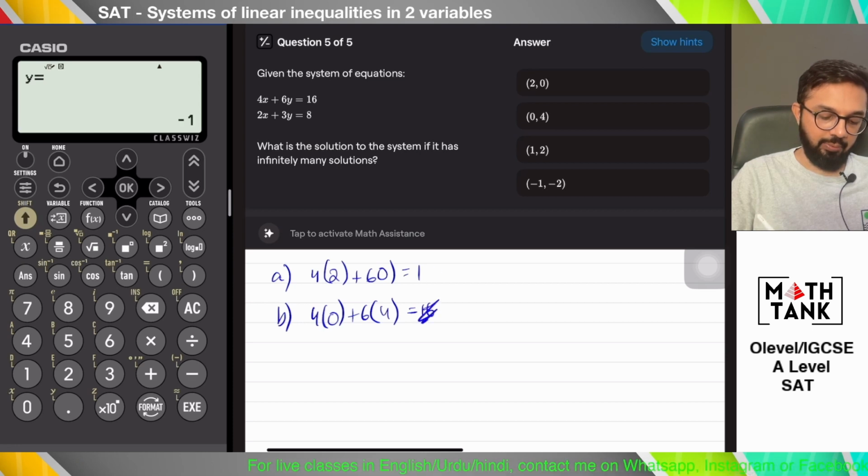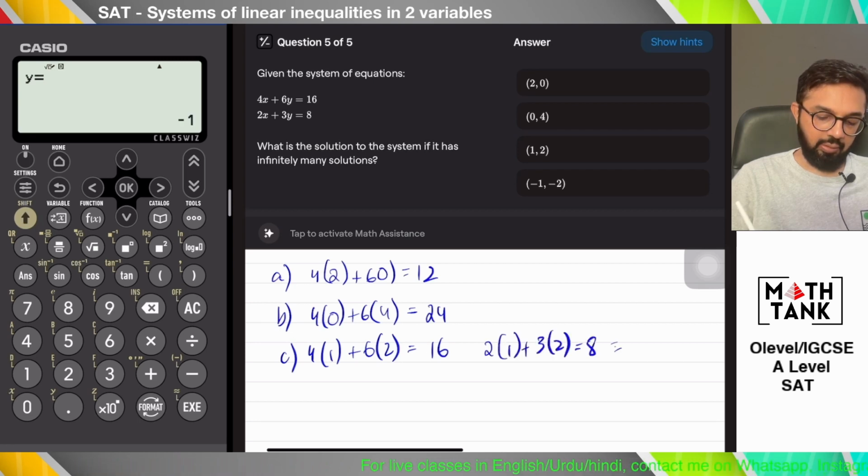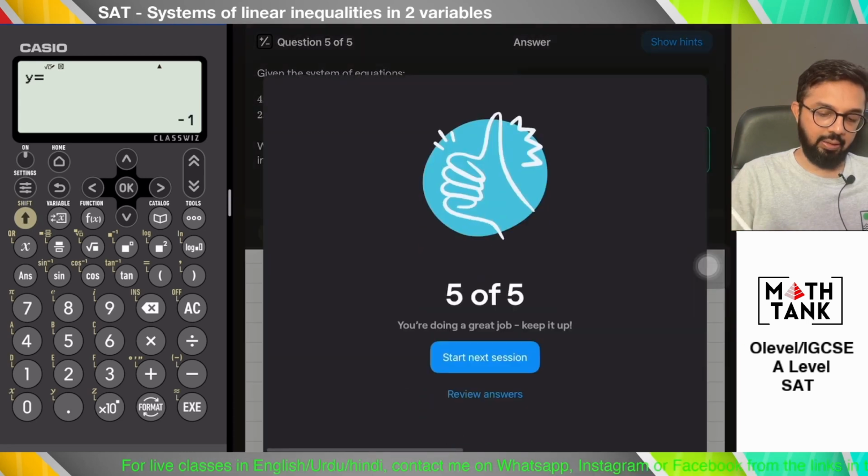That gives me 12 and that gives me 24. That gives me 16. Let's see if it works in the other one as well. That also works. So A, C is the right answer.